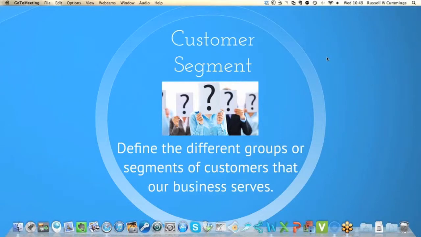All right, customer segments. So really, the customer segment area is just defining the different groups or segments of customers that our business serves. So for many of you, particularly if you're selling through agents or wholesalers or direct to supermarkets or that sort of thing, you may have at least 2 segments that you want to think about. They're a consumer and a customer.